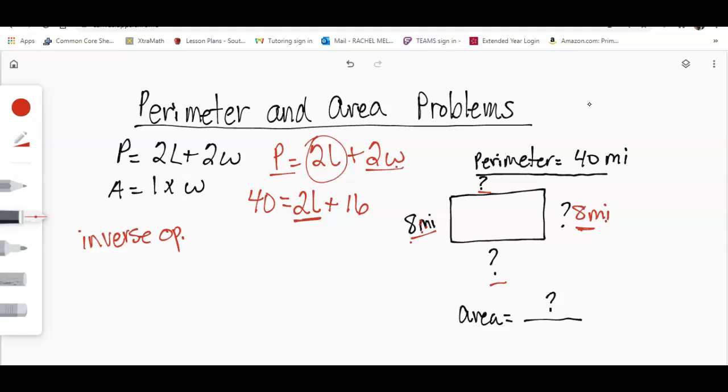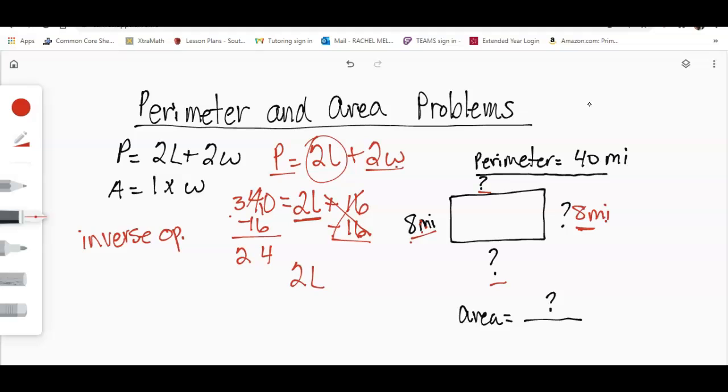Well, the opposite is subtraction. So if I take away 16 from this part, that leaves me with just my 2 times my length, okay, which is what I want. But remember, if I do it to one side, I have to do it to the other. So I took away 16 here, so now I take away 16 here. Okay, and that gives me 24.